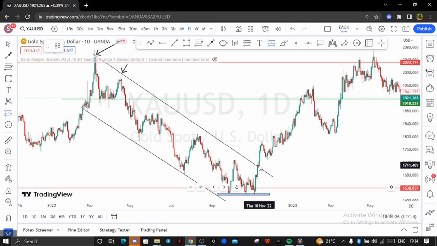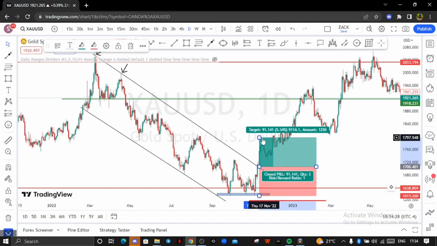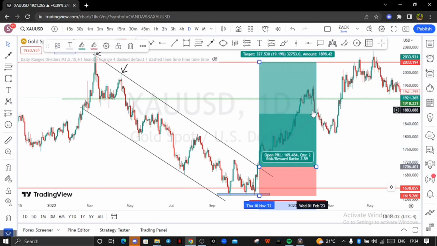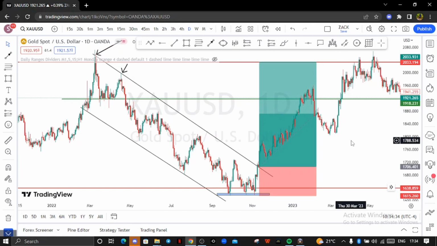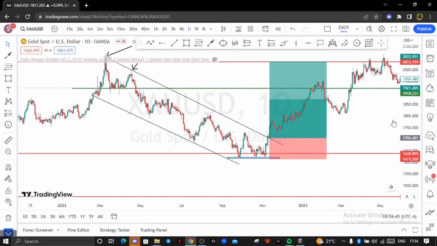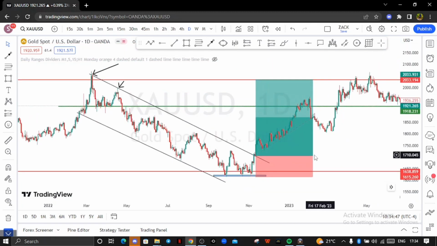Your targets would have been all the way to the weekly resistance. Remember, I used the red lines to mark my weekly support and resistance so that I can be precise when making my targets. So if we had decided to enter on the daily time frame, yes, the market would have gotten to our target.